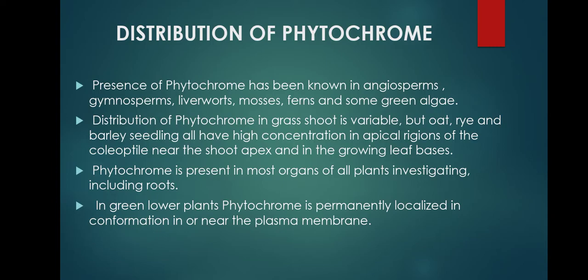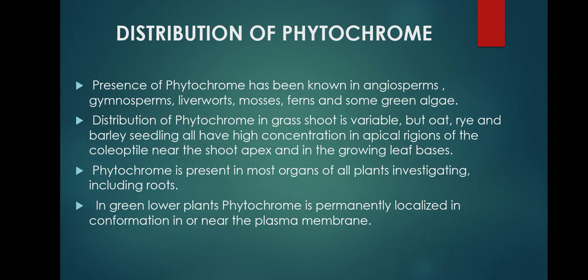Now, talking about the distribution of phytochrome. The presence of phytochrome has been known in angiosperms, gymnosperms, liverworts, mosses, ferns, and some green algae.